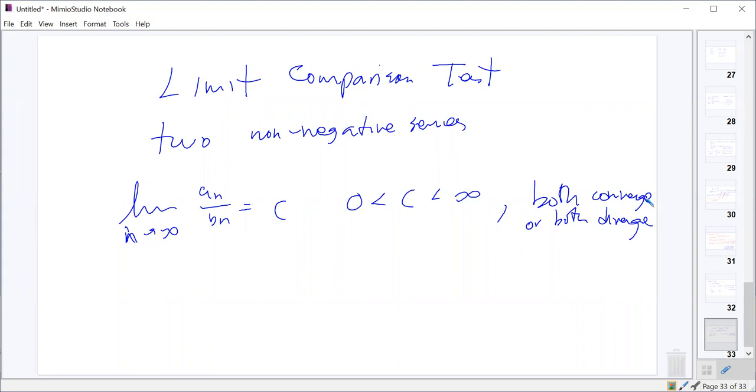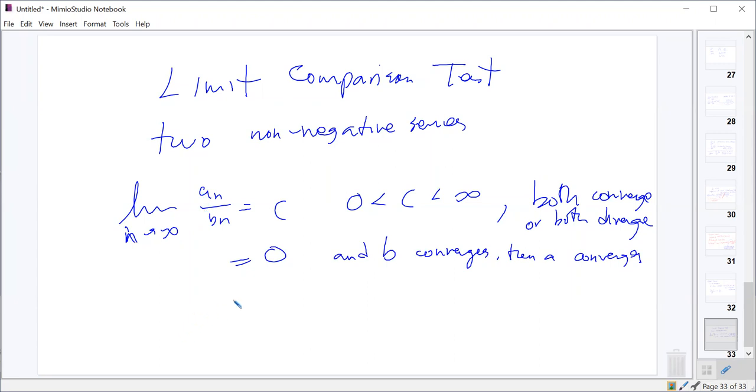If this limit comes out to be equal to 0 and b converges, then a converges, right? That should make sense because if that limit comes out to be 0 and b is in the denominator, that means that b is getting larger more quickly than a. So if b converges, then a must also converge to some other value that is going to be less than the value for b.